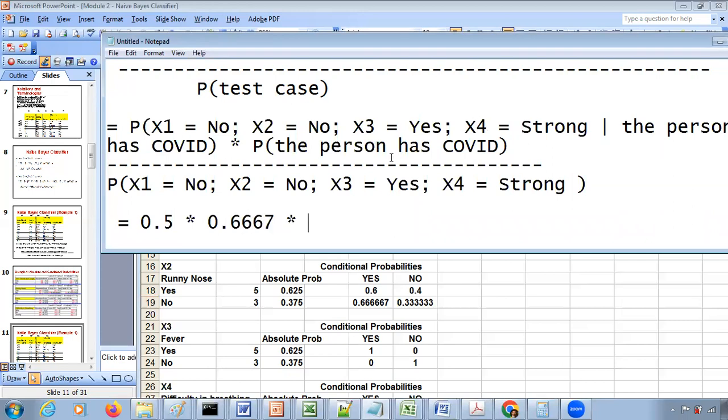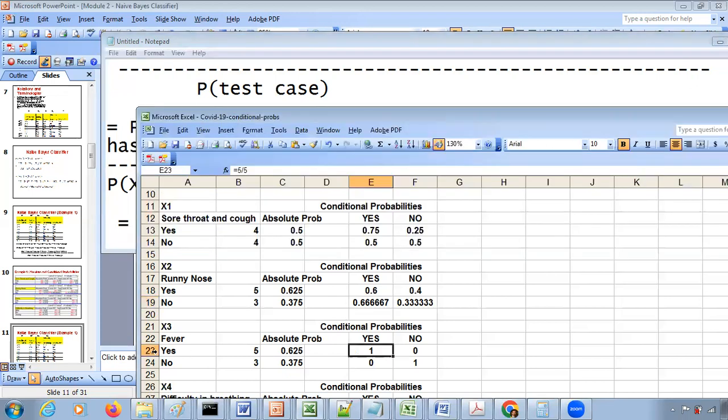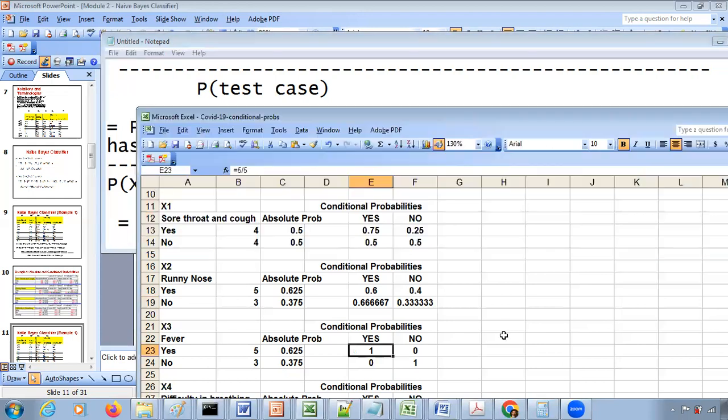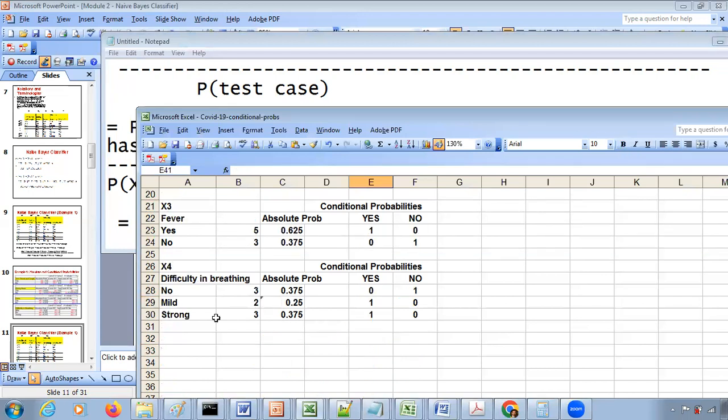Then again, class is S, X3 equals S, so the conditional probability is 1. Then X4 is strong, the class is S, so 1 is again the answer for the conditional probability.